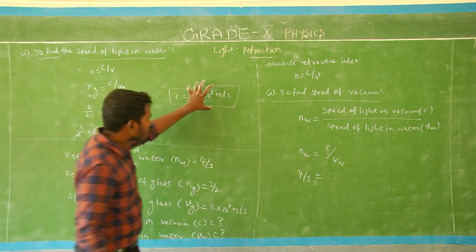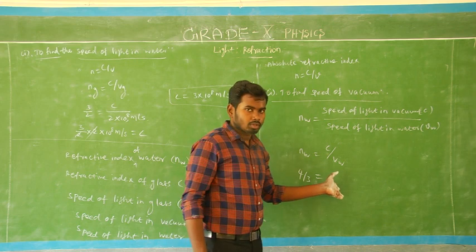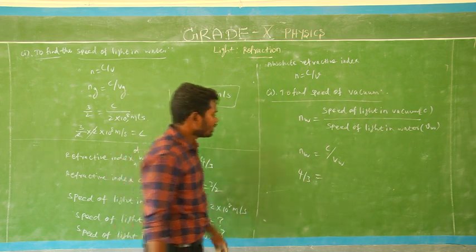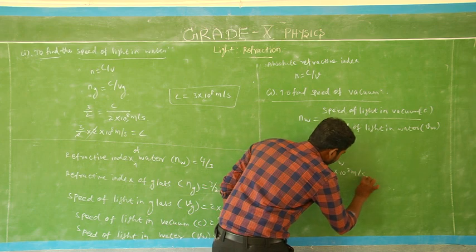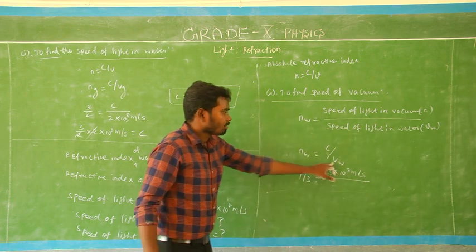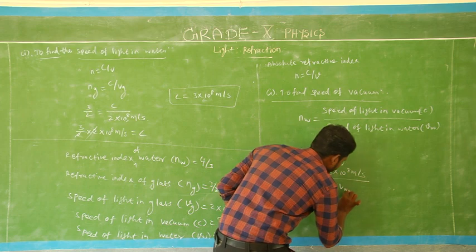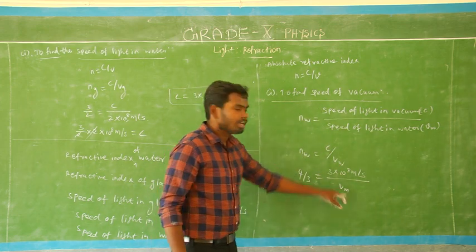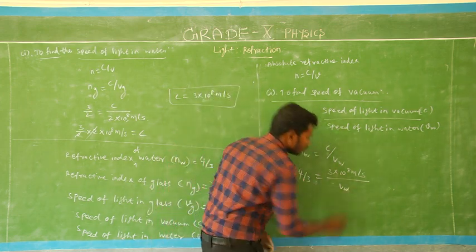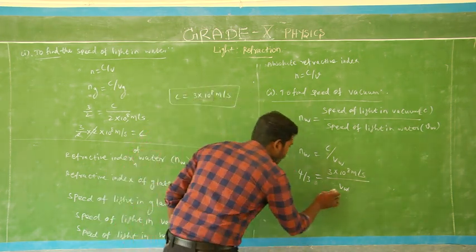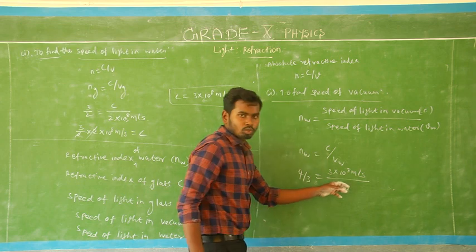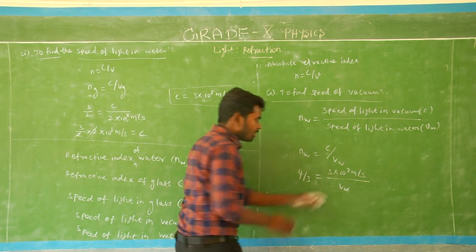Now substitute this C value here. So the C value is 3 into 10 to the power of 8 meter per second divided by Vw. What is Vw? Speed of light in water. So here, this value should be calculated. When this one comes, this division becomes multiplication.